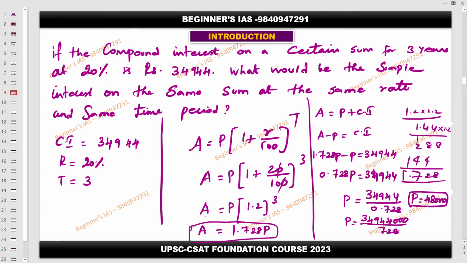After finding this principal, find the simple interest with the same rate and the same time. Same sum means what? That P. So here, simple interest: P is 48,000, R is 20, T is 3, divided by 100.